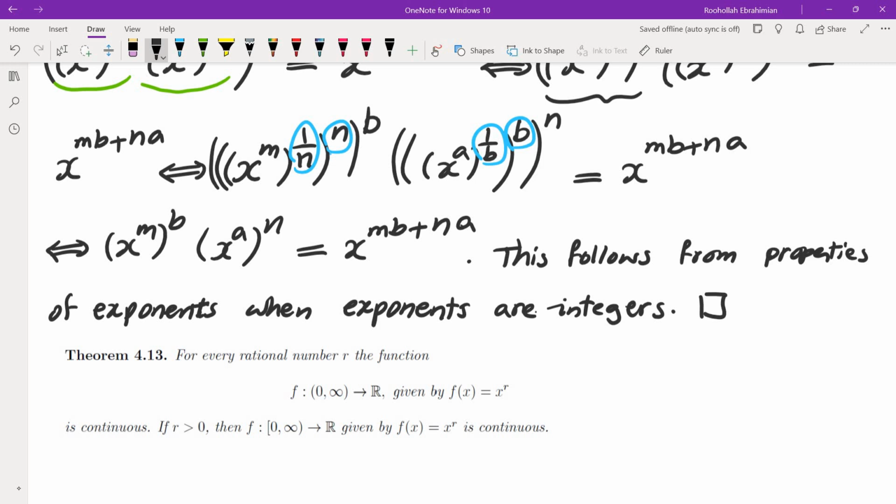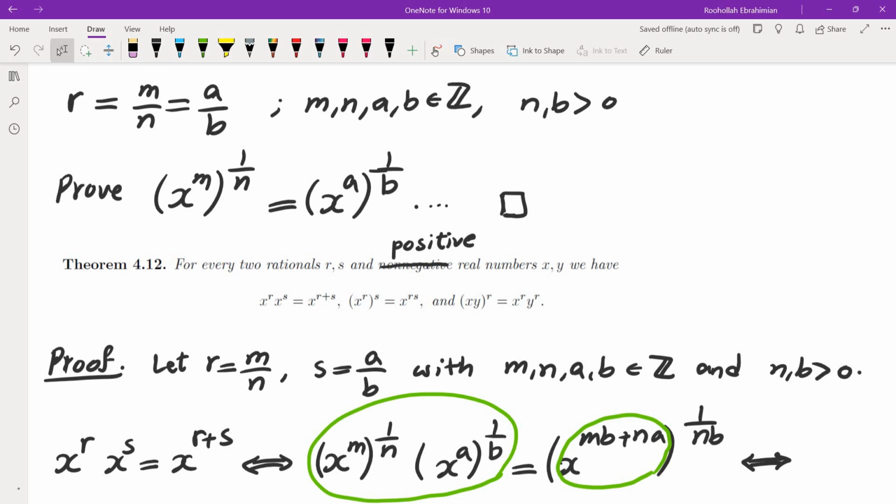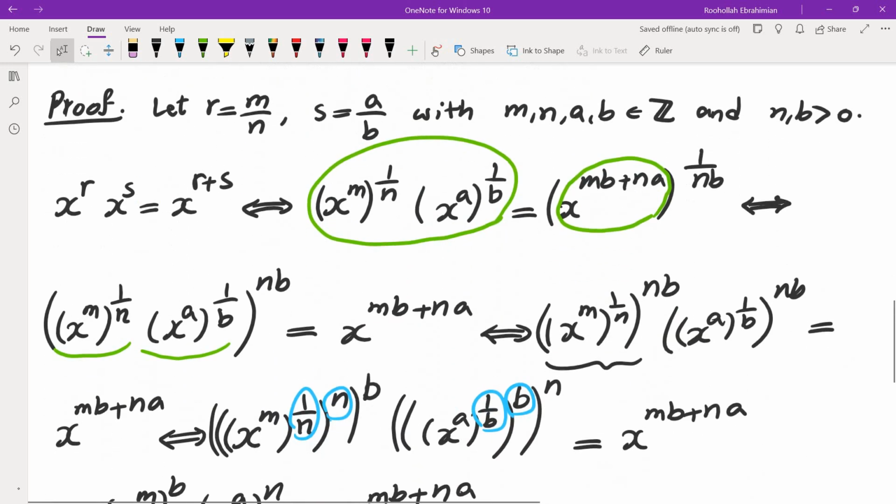Okay, so this proves one of these equalities, x to the power of r times x to the power of s equals x to the power of r plus s. The other two are very similar to this equality.